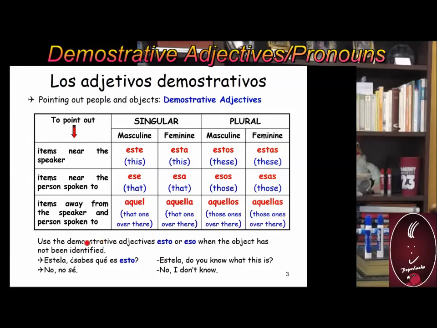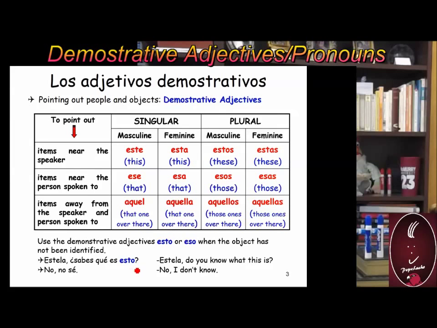We use the demonstrative adjectives esto, eso, or aquello when the object has not been identified. In this example, ¿sabes qué es esto?